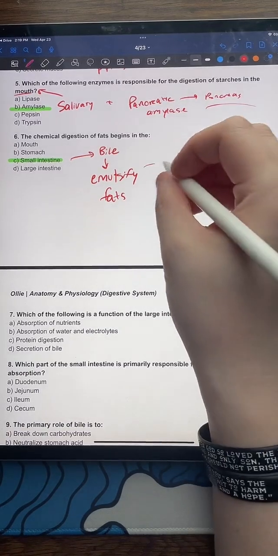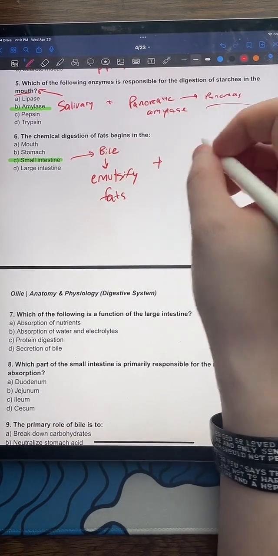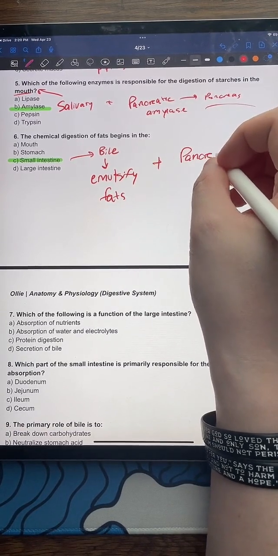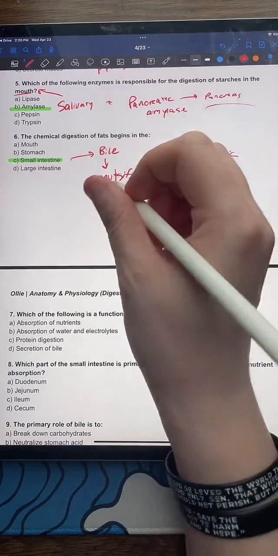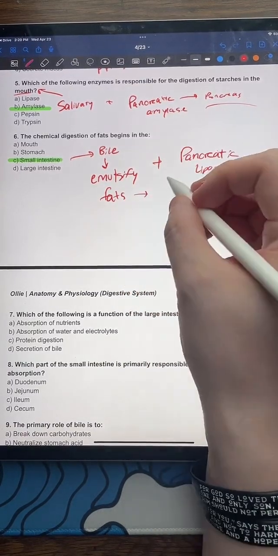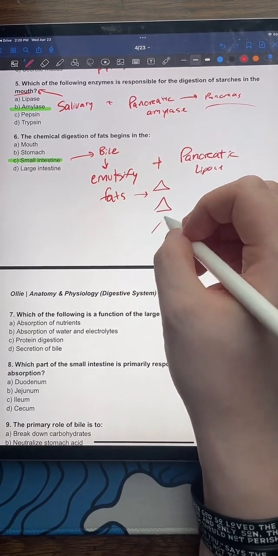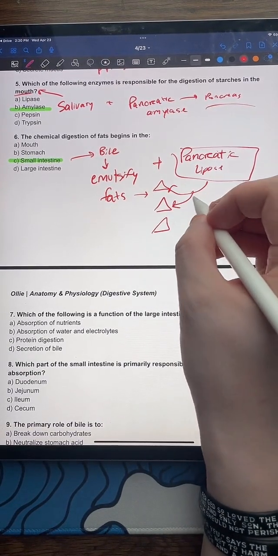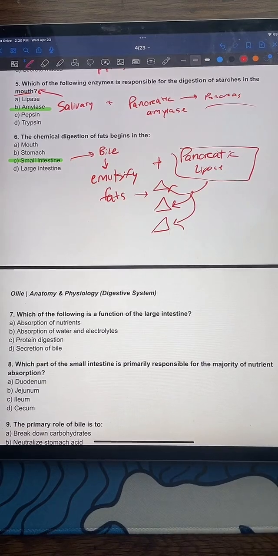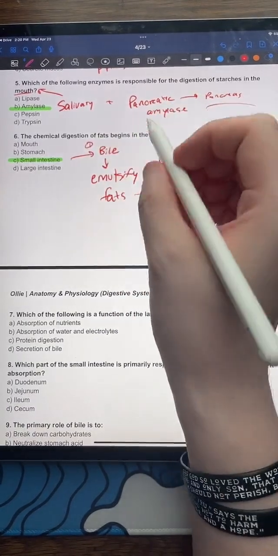And then we also have pancreatic lipase. So that fat is going to get emulsified and broken down into droplets, and then this pancreatic lipase is going to come down and break it down even further. So we start here and move on.